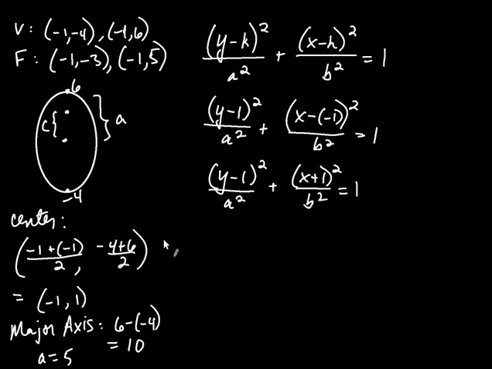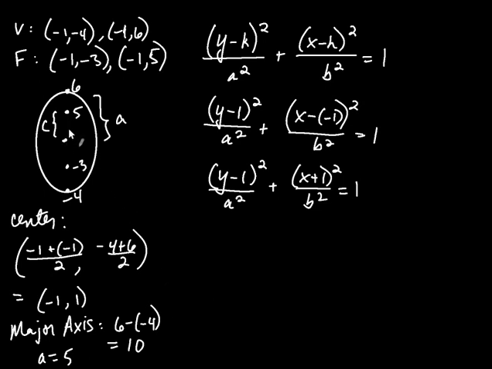Now we can do the same thing to get c, because we know the foci. One of the foci has a coordinate of 5 up here, and the one below it has a coordinate of -3. And that length is going to be 8, 5 take away -3 on the y-axis. When you divide by 2, you get c, which is 4. So c is the distance from the center to the foci.